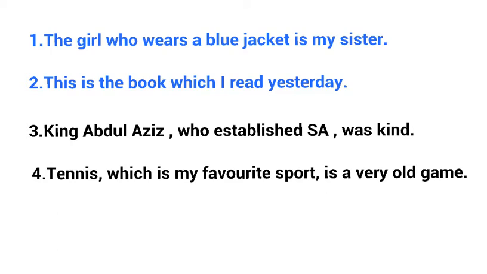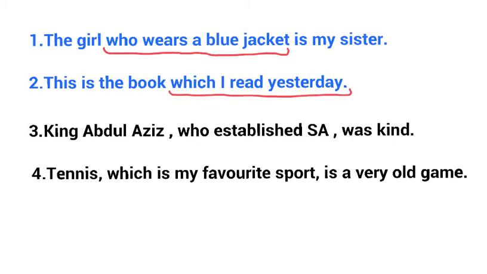Now, remember in the previous video, we called this part of the sentence the relative clause. The girl who wears a blue jacket is my sister. Who wears a blue jacket? This is the relative clause. This is the book which I read yesterday. The relative clause here is which I read yesterday.